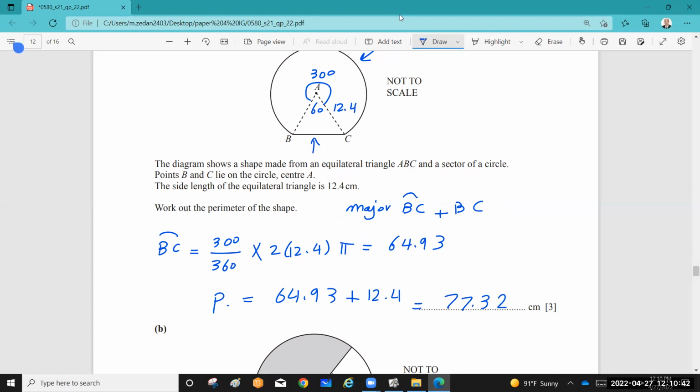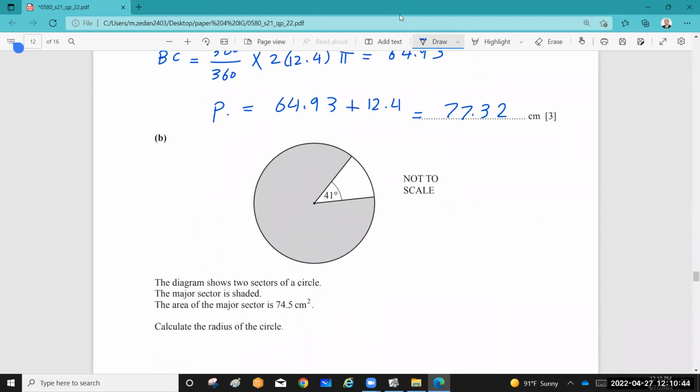Okay. In this shape, I have the major sector shaded here. The area of the major sector is 74.5, with the same angle as we did in 41. The reflex angle on the other side is 360 minus 41, which is 319. So the area of the sector is 319 over 360 times the area of the circle, pi r squared, equal to the given area, 74.5.